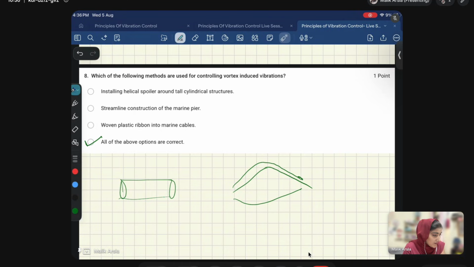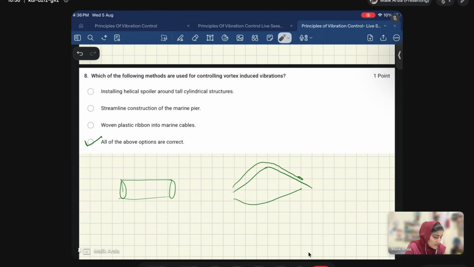Similarly, in streamline construction of marine piers, the flow of the liquid is not obstructed much due to the streamline shape. So vortex formation is also less because of that. This is also a correct option.